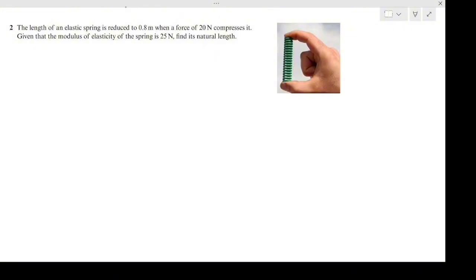So what's going on here is it's being compressed, which will look like this diagram, just to help visualize it. Normally my spring is hanging down, and that's my natural length.